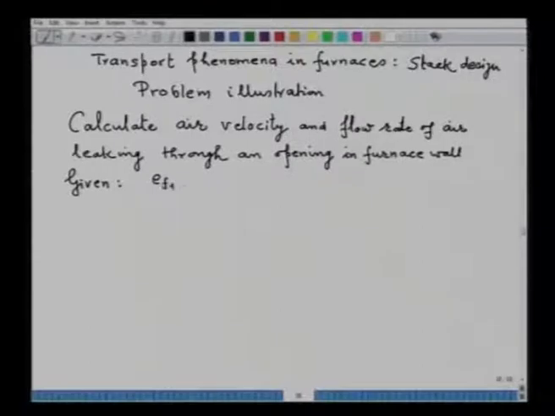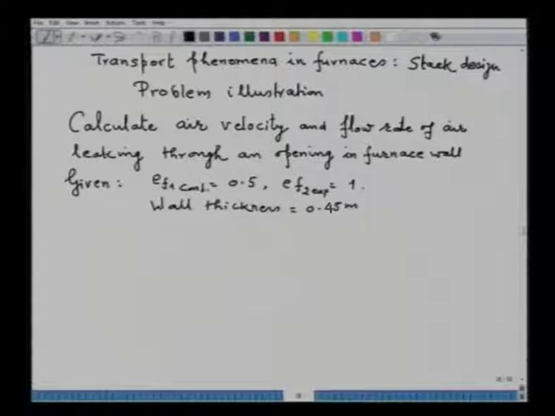EF1 for contraction is equal to 0.5, EF2 for expansion is equal to 1, wall thickness is equal to 0.